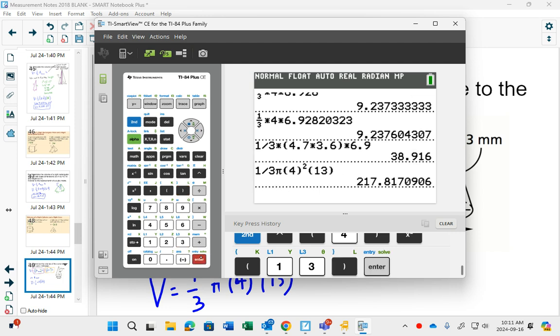So if you type it in exactly as you wrote it, your calculator should figure that out. Some of you might have older scientific calculators that don't necessarily work that way. So now, 217.817.